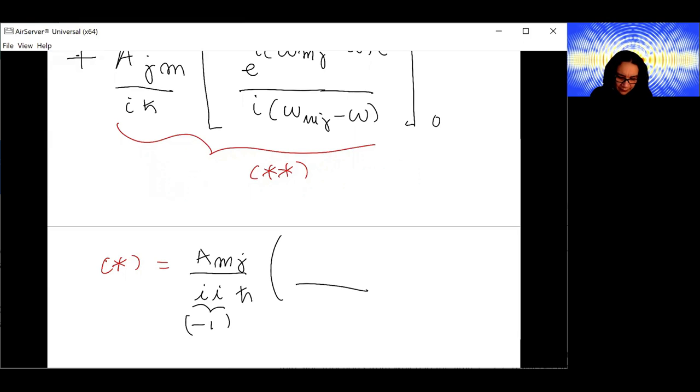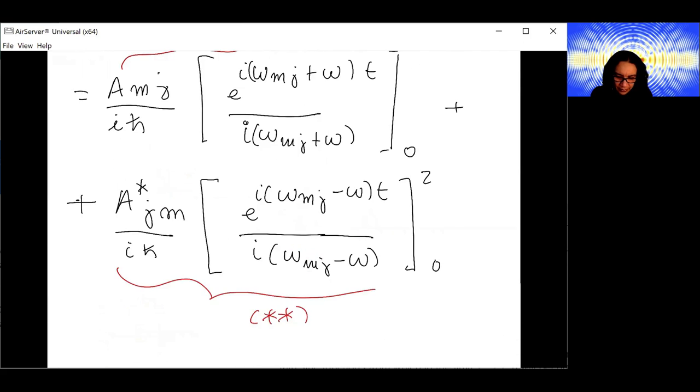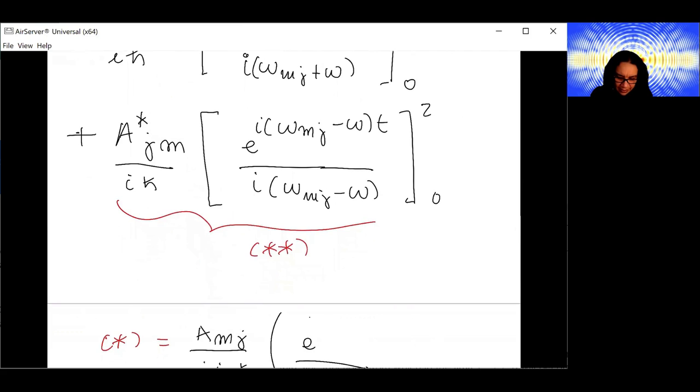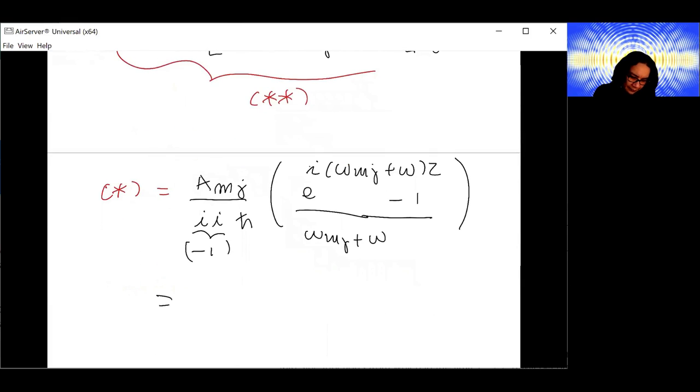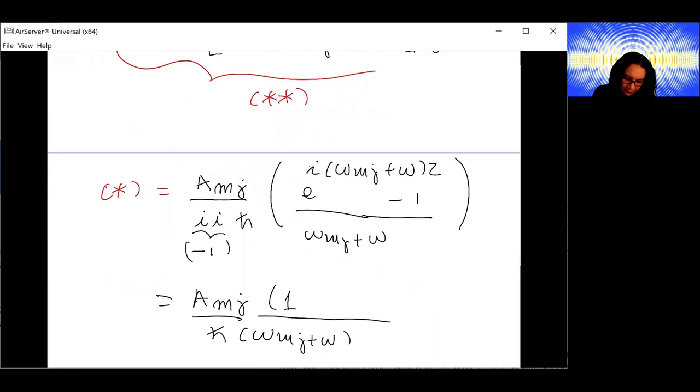And you still have omega MJ plus omega, and this is going to be e^(i(omega MJ plus omega)tau) minus 1. So A MJ divided by h bar, omega MJ plus omega, and here you're going to have 1 minus e^(i(omega MJ plus omega)tau).